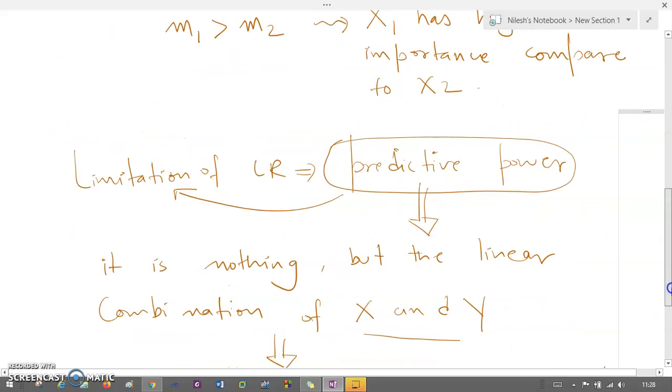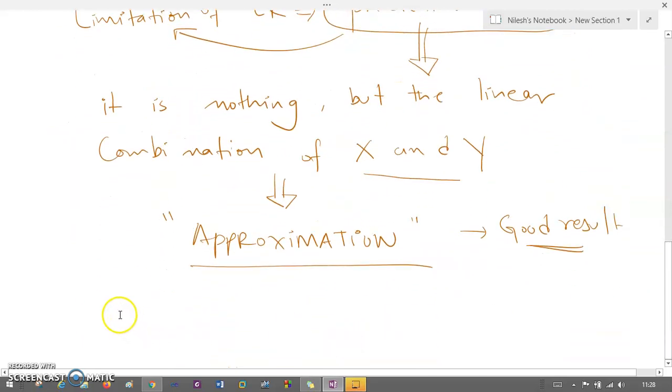And why it is not a good one is because if you apply simple mathematics, you are getting some result.